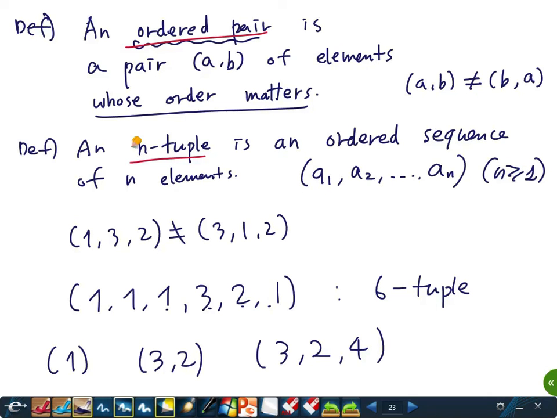Now let me define the Cartesian product of two sets. We have yet another operation on two sets, X and Y. Definition.